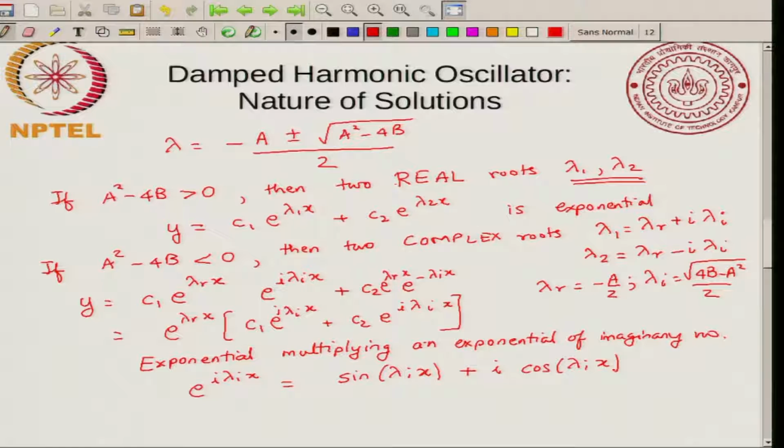This is a general property of an imaginary number, so you can write it as a sum of sines and cosines. Essentially, these functions look like a combination of sines and cosines. So what you have is an exponential function multiplying an oscillatory function.